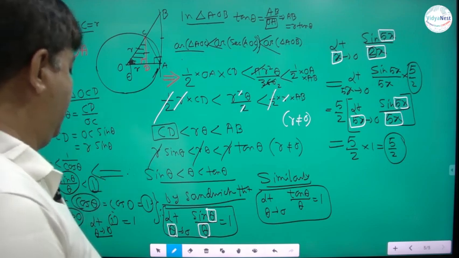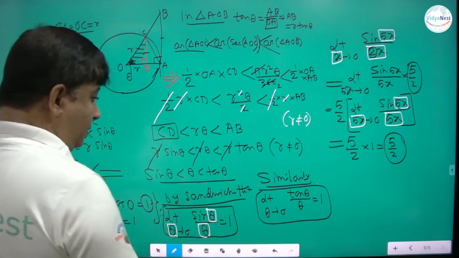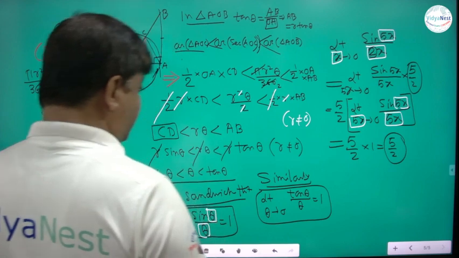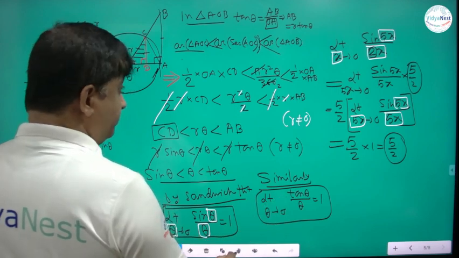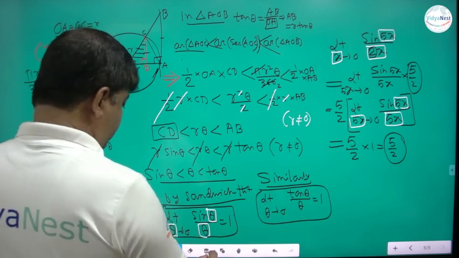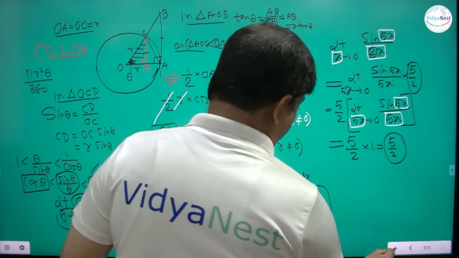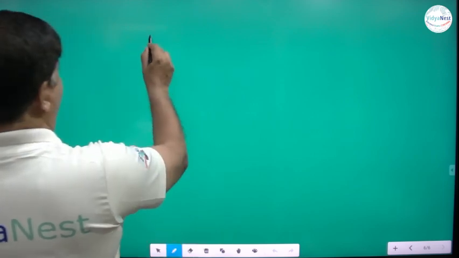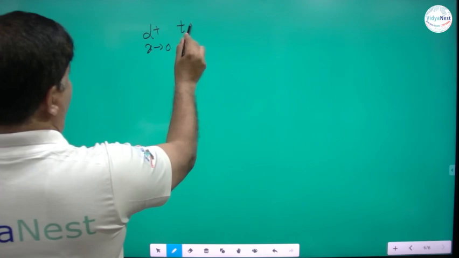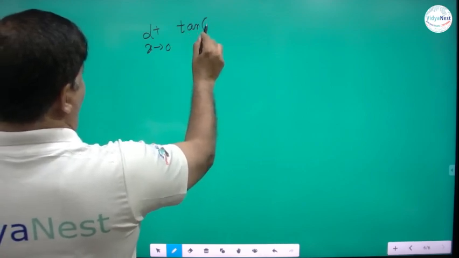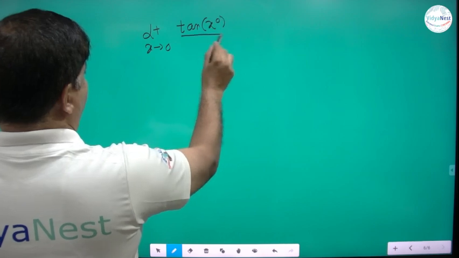Okay. Now, another sum of this type. Now, regarding 10, limit x tends to 0, tan x degree by x.